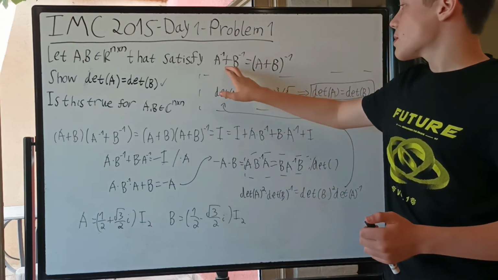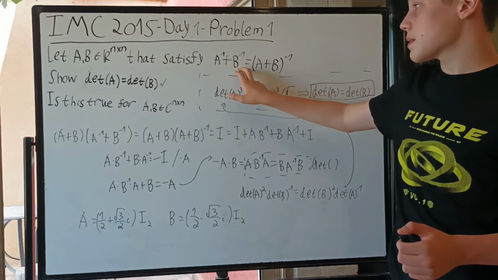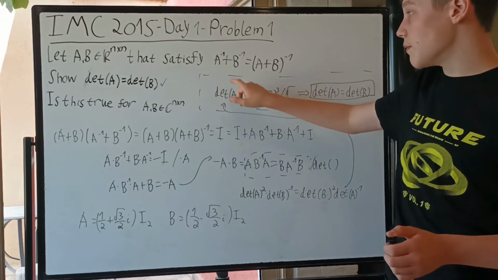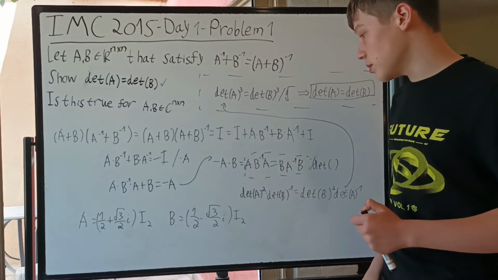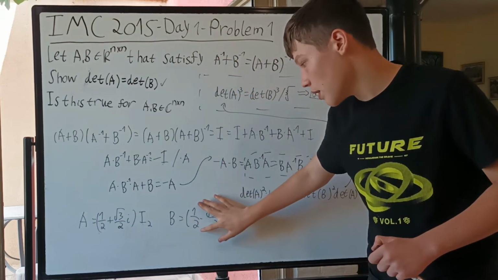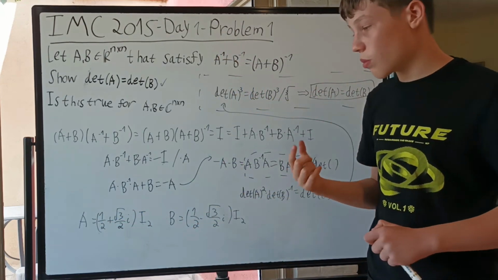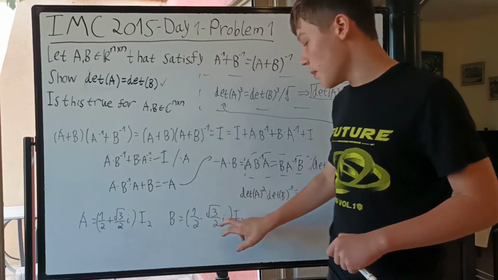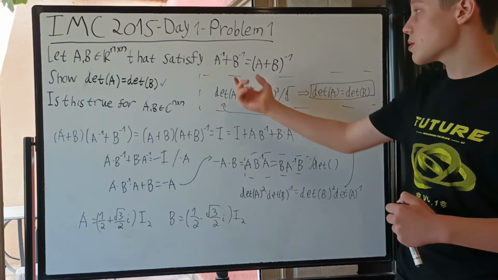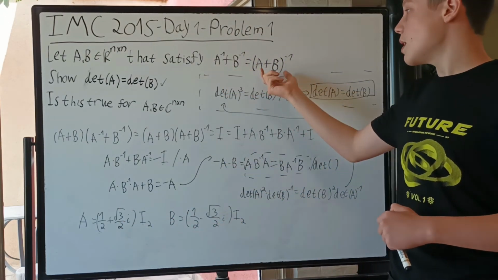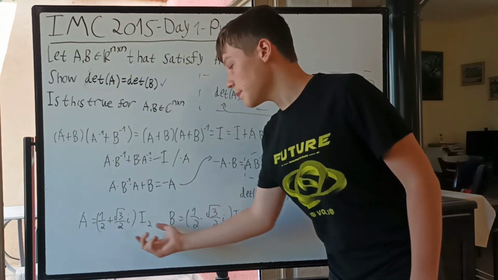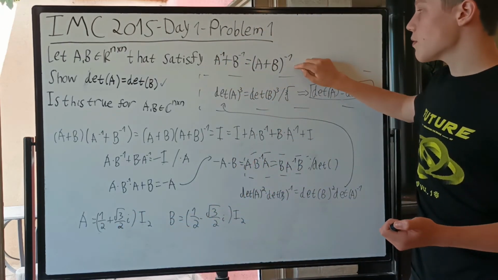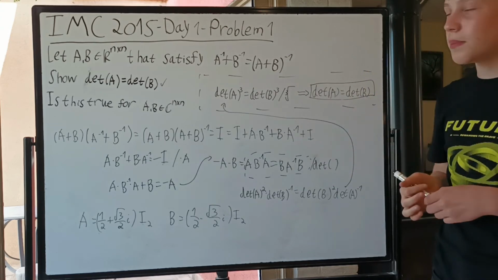So if I do A inverse plus B inverse, this is like saying B plus A, because A inverse is B, and B inverse is A. A plus B, you'll notice, I'll have 1/2 plus 1/2, which turns to 1. Root 3 over 2 minus root 3 over 2 will be 0. So this in total will be the identity matrix. Again, if I add A plus B, I'll get the identity matrix. The inverse of the identity matrix will be again the identity matrix.